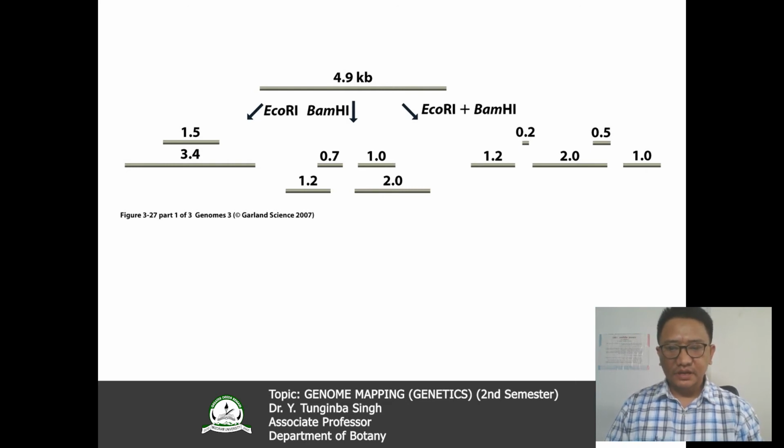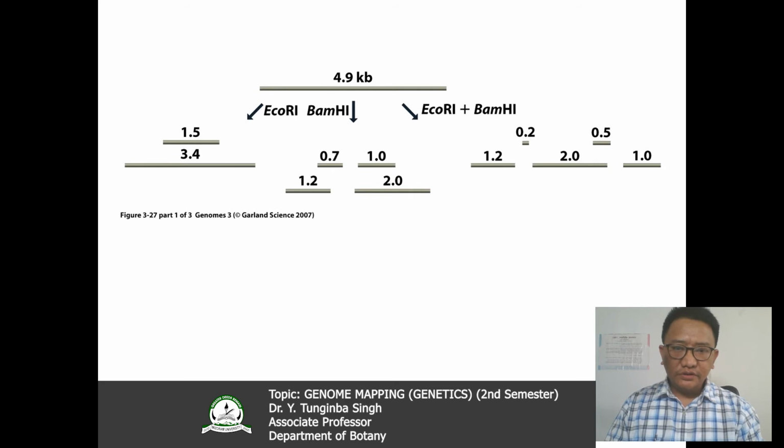When both EcoR1 and BamH1 were used for double digestion of the same original DNA, 5 fragments were produced: 0.2 kb, 0.5 kb, 1.2 kb, 2 kb and 1 kb.